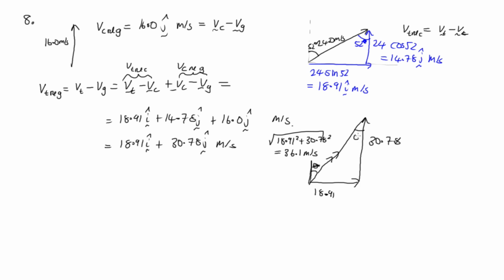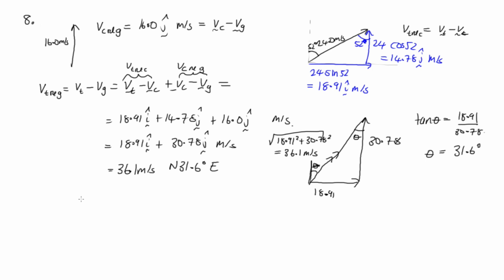So tan theta is equal to opposite, which is 18.91, over adjacent, which is 30.78. So solving that, theta is equal to 31.6 degrees. So our answer is 36.1 meters per second, and this is north 31.6 degrees east. That was the answer to the first part.